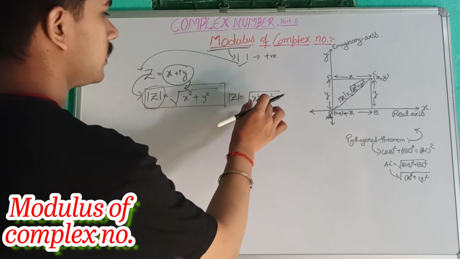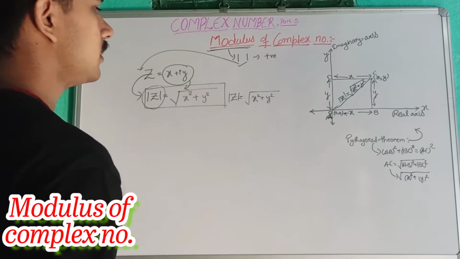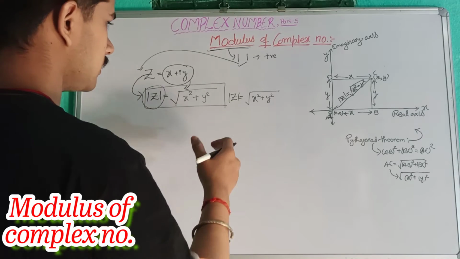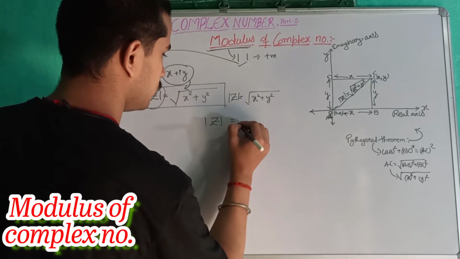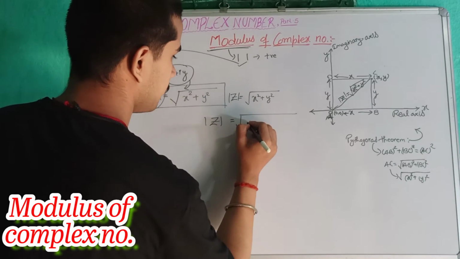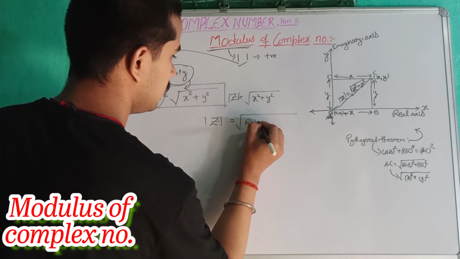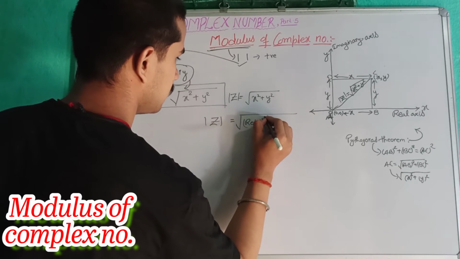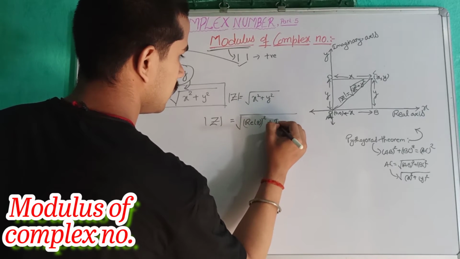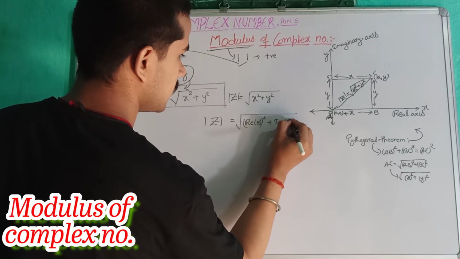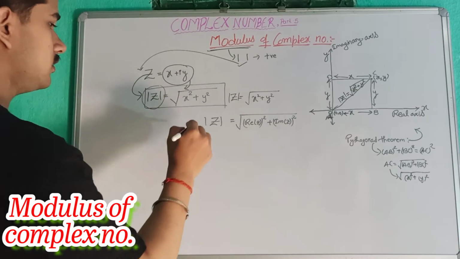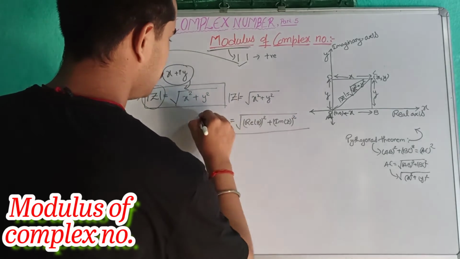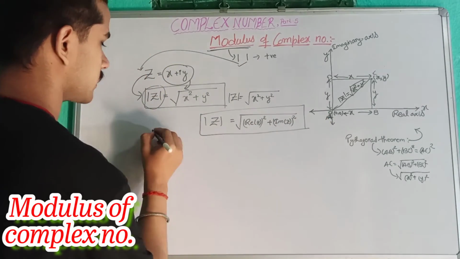We need not keep only x or y, we can keep any variable, or we can write it in a general form like under the root real part of z whole square plus imaginary part of z whole square. This will be the general form for finding out the modulus of complex number.